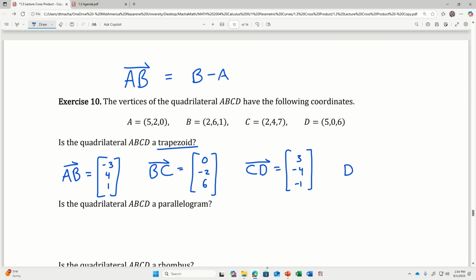And then the last side is going to be from D back to A, which is going to be 0, 2, negative 6. We're doing A minus D. Yeah.